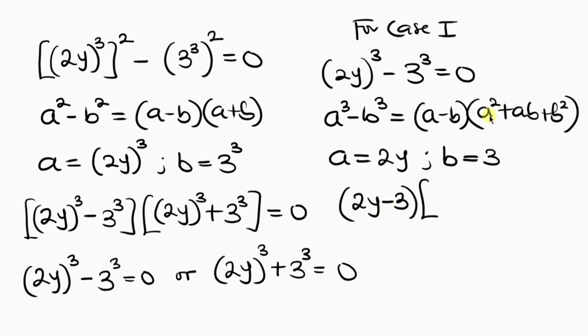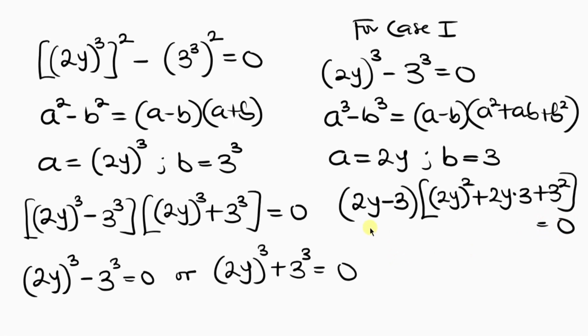Times a squared, that's 2y all squared, that's our a squared, plus ab. A is 2y times b, b is 3, and then plus b squared, which is 3 squared. Very good. Then close bracket equal to 0.